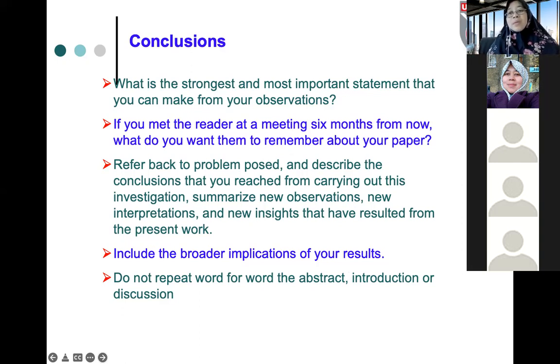For example, limit of detection, which usually represents the sensitivity. In the abstract, we usually write the actual value. So based on this, we have obtained a limit of detection at picomolar, for example, 3 times 10 to the power of negative 12 molar.